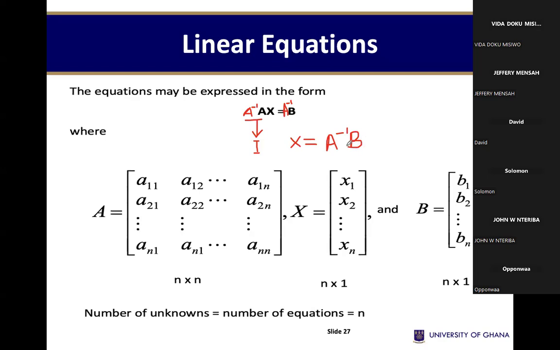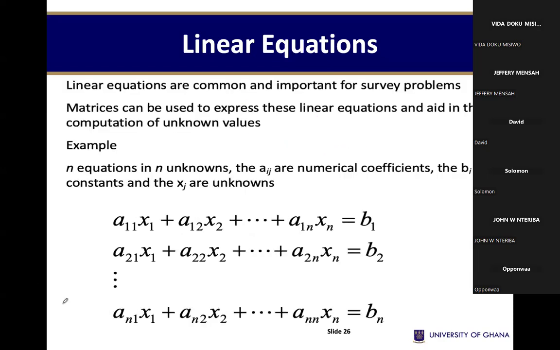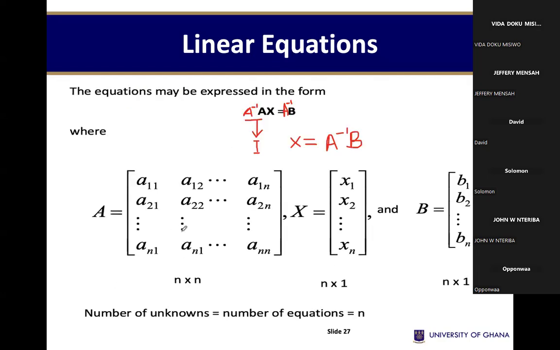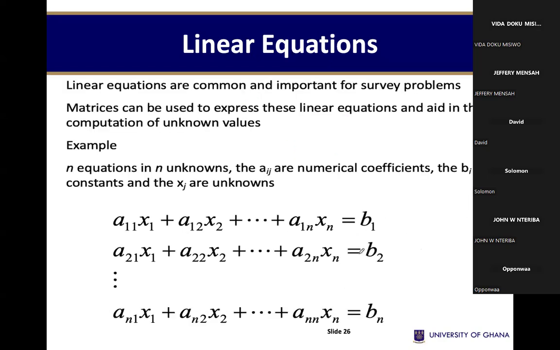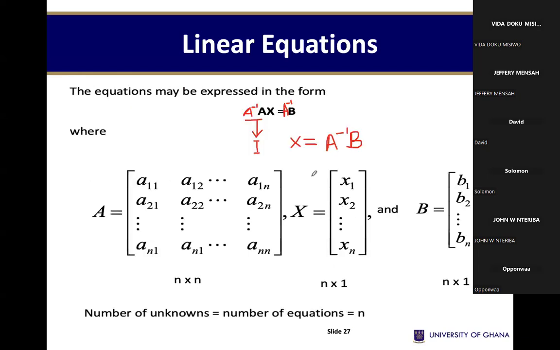So it means that anytime you have this set of equations, if you're able to get the coefficients, like we have it here, and then you're able to extract the unknown variables x1, x2 to xn, then you also know the known variables b1, b2, bn, which is the right-hand side here. You can now easily use the formula X equals the inverse of A multiplied by the matrix B.